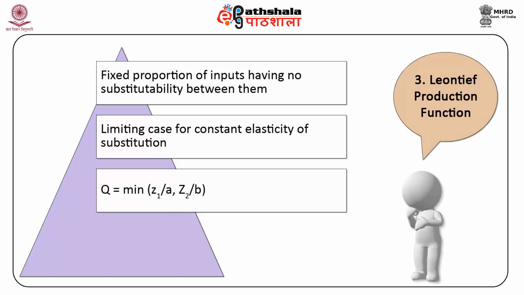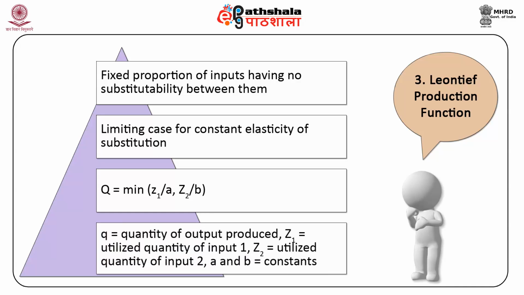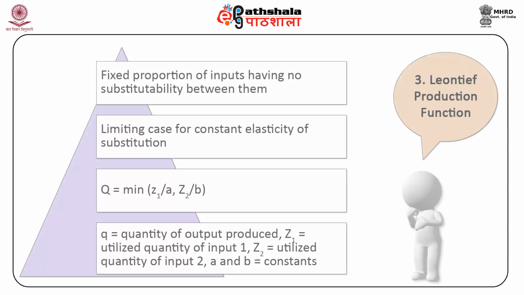Q = min(Z1/A, Z2/B), where Q is the quantity of output produced, Z1 is the utilized quantity of input 1, Z2 is the utilized quantity of input 2, and A and B are constants.